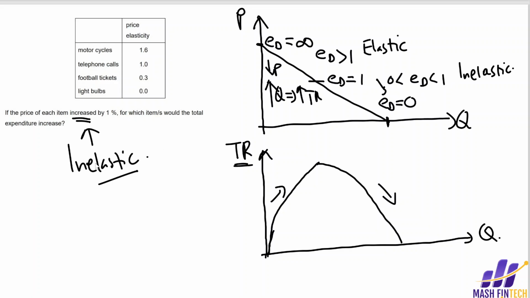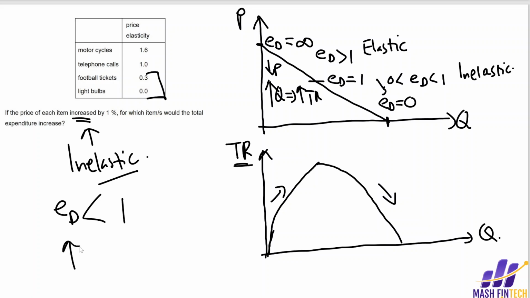So if the elasticity of demand is between 0 and 1, the products are inelastic. Hence, these two here, the football tickets and the light bulbs, they're inelastic in demand. All right. Hence, if the elasticity is less than 1, we get products that are inelastic.